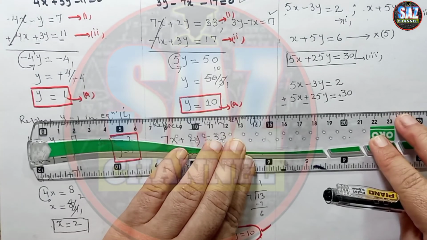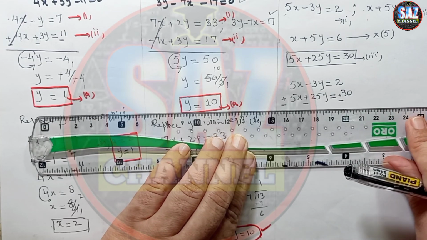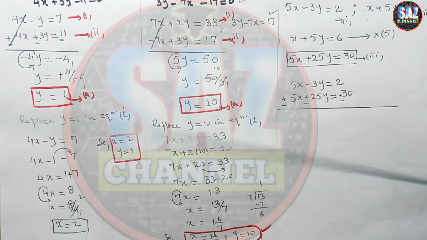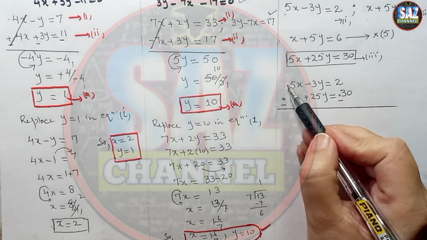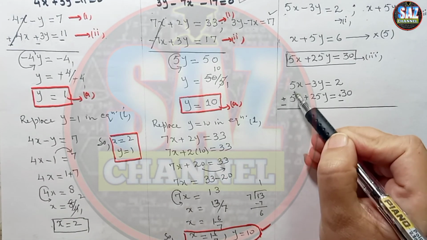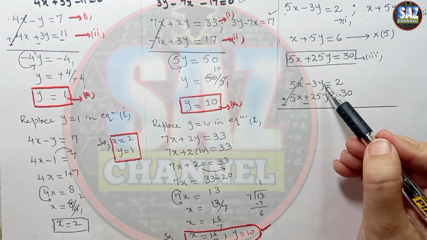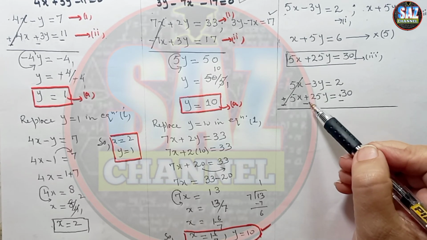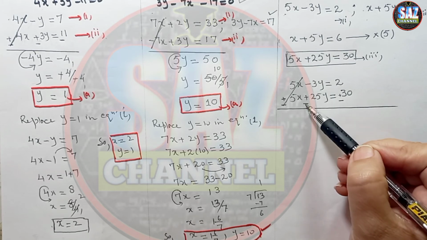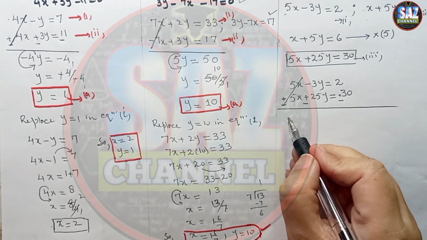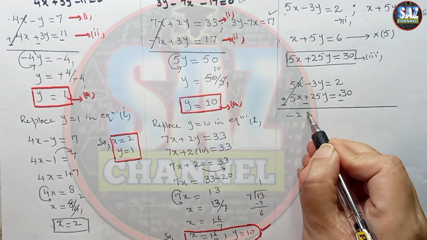Okay, and then we can see that here 5 has a positive sign and 5 has a negative sign, so we can cancel the x terms and I will be left with only y. Now both the coefficients have negative signs, so we are going to add them up. 25 plus 3 is 28.